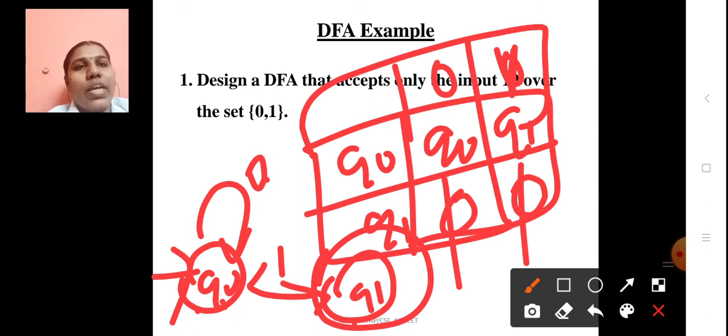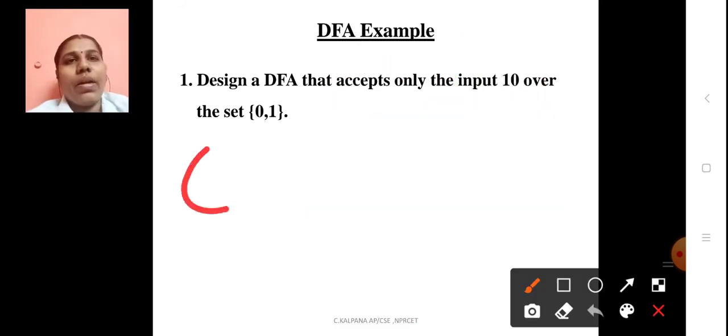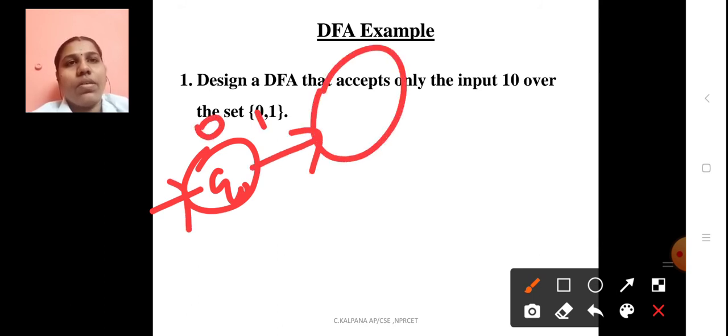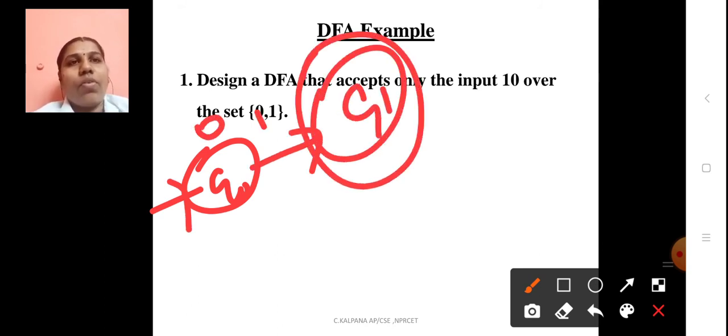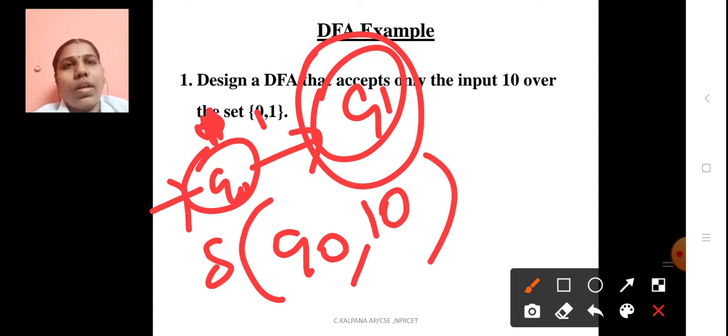Now we have to check whether the given input is accepted or rejected. So this is the diagram. Now we are going to check if the given input is accepted. So δ of starting state comma the input is 1 0. So here I am taking 1 as well as 0.